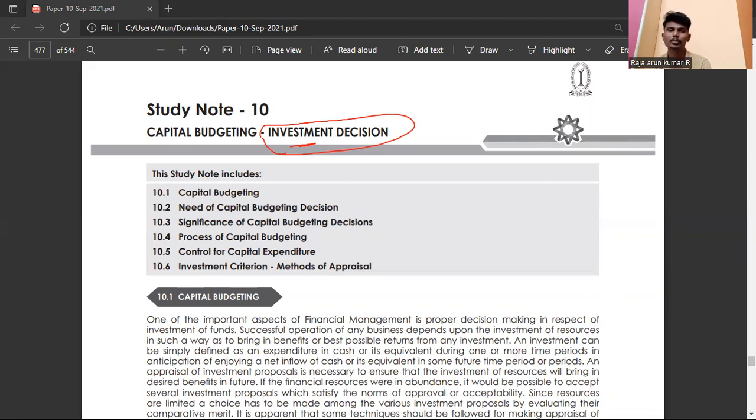What is capital budgeting? It is a budget for the things you invested in, that give you returns or losses. You budget the capital: how many years it comes back, what percentage of return you get, and the current value and future value of that investment. Everything we study in capital budgeting.